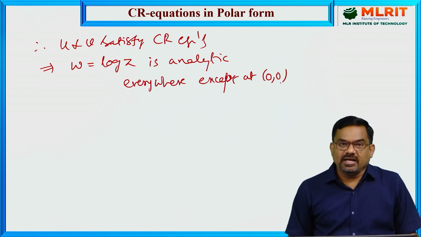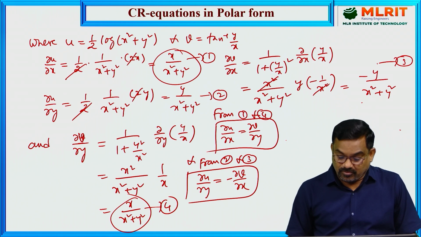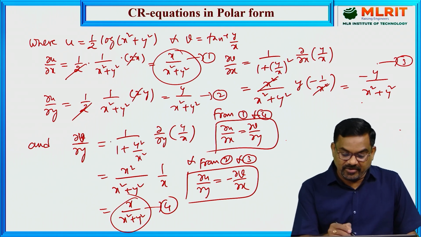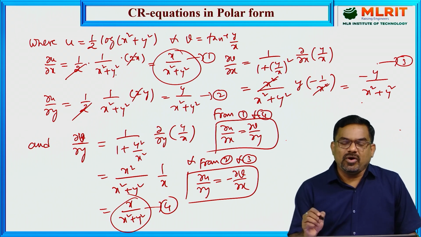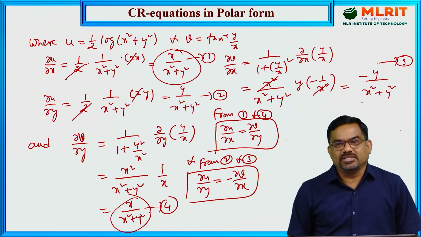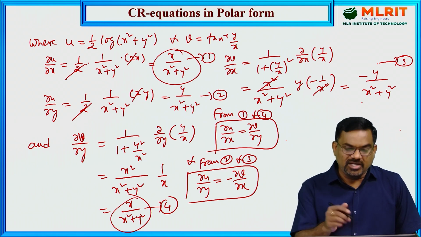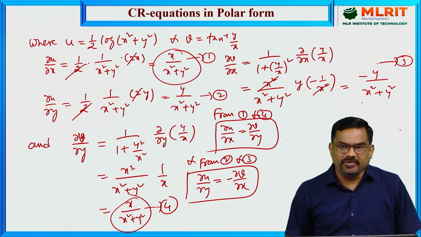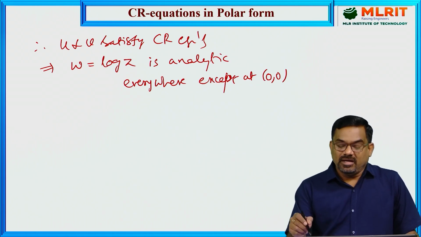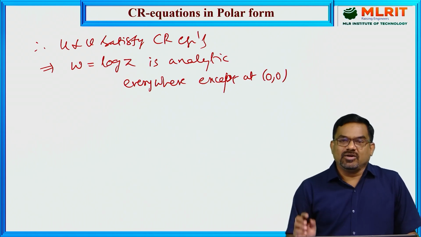It is analytic everywhere except at (0, 0), because you can see in all these derivatives, we have x and y in the denominator. At the point x equal to 0, y equal to 0, the derivative doesn't exist because we get 0 in the denominator that tends to infinity, which cannot be defined. Hence, the derivatives exist everywhere except at (0, 0).